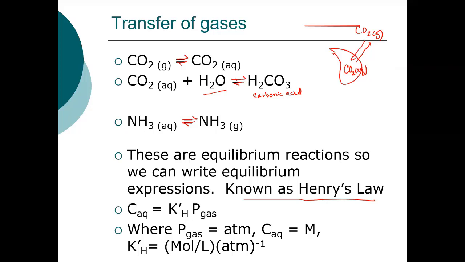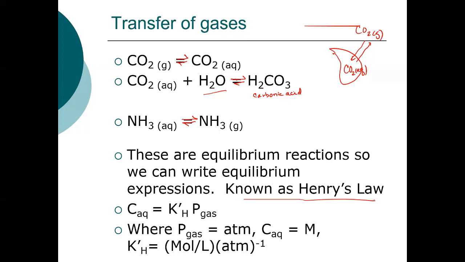And the factor that we use to relate those two is simply Henry's constant. Now, if we have the partial pressure in atmospheres and the aqueous concentration in molar units, then this Henry's constant will be in moles per liter per atmosphere.